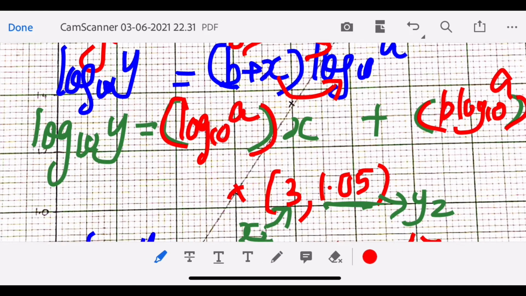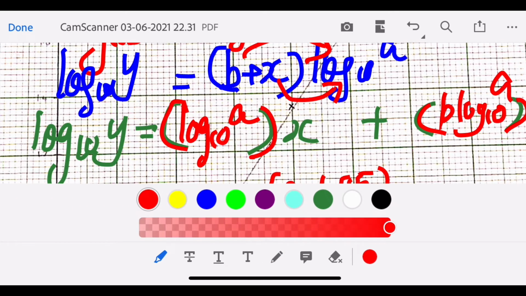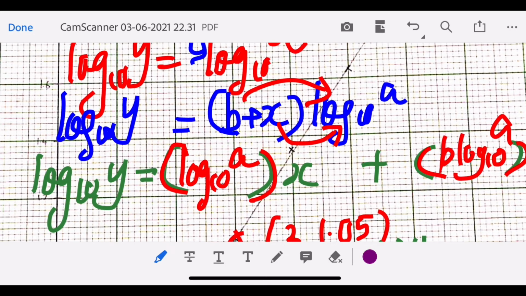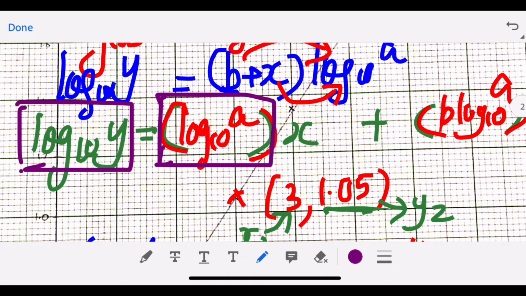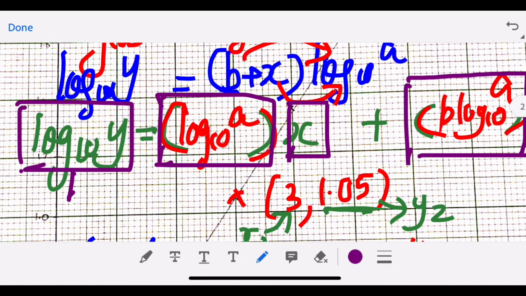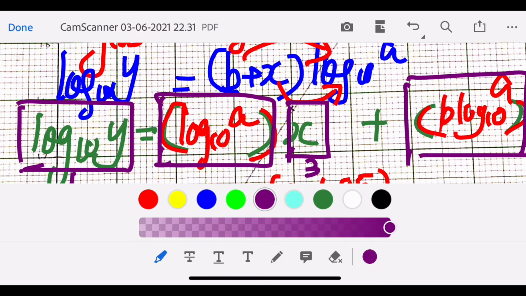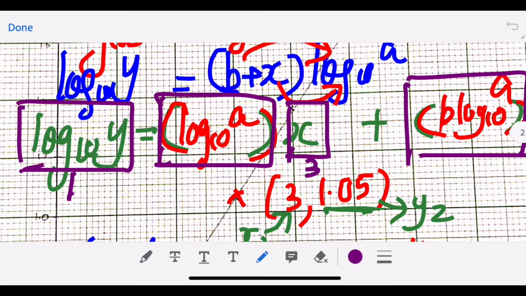We just put them according to the boxes. We have 4 boxes: boxes 1 and 3 are variables, 2 and 4 are constants.